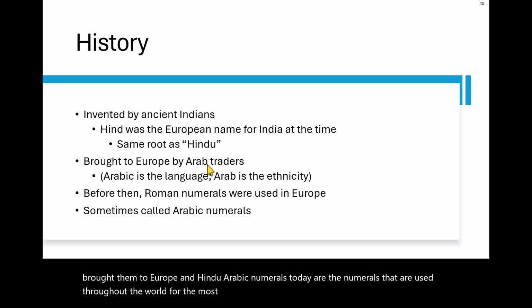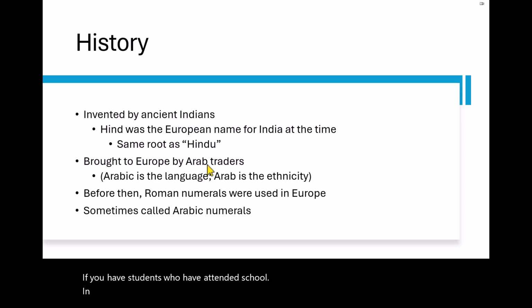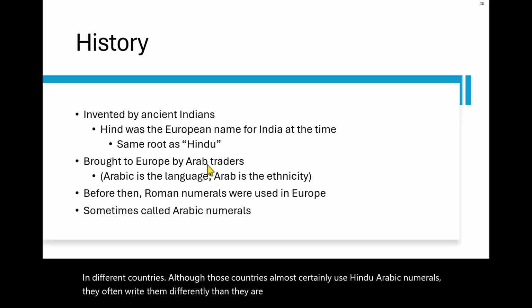I do want to point out, though, that if you have students who have attended school in different countries, although those countries almost certainly use Hindu Arabic numerals, they often write them differently than they are written in the Western world, in European countries and countries that speak European languages, including the United States.